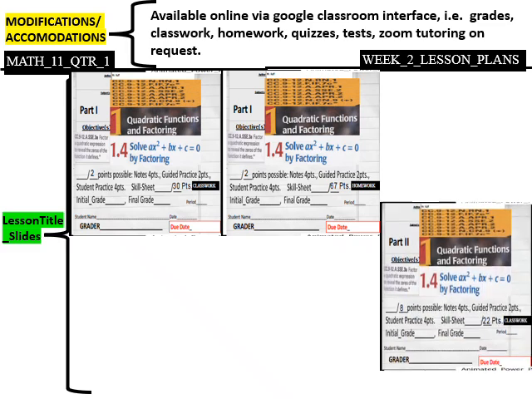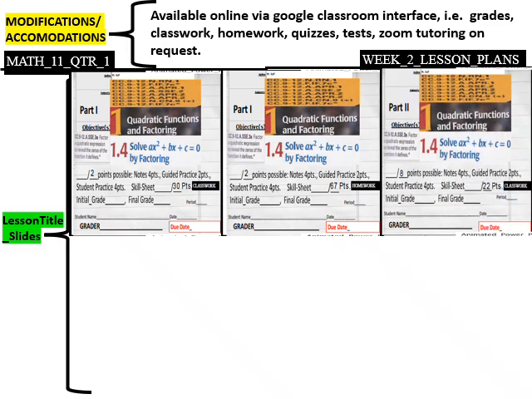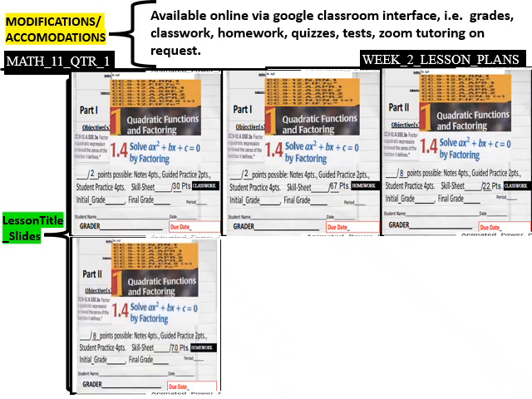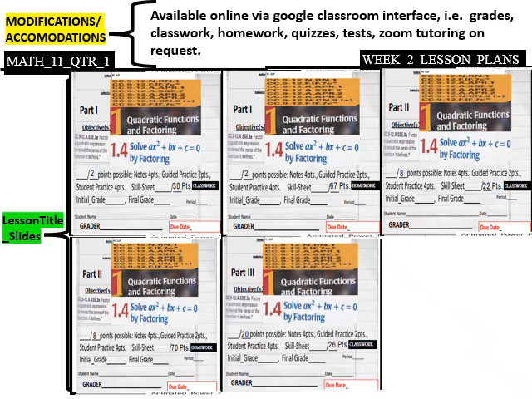Then 1.4 part 2 classwork, 22 points, 8 points of note taking for part 2 classwork. And then 1.4 part 2 homework, 70 points, 8 points of classwork.